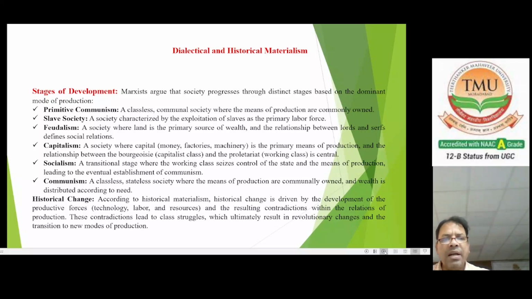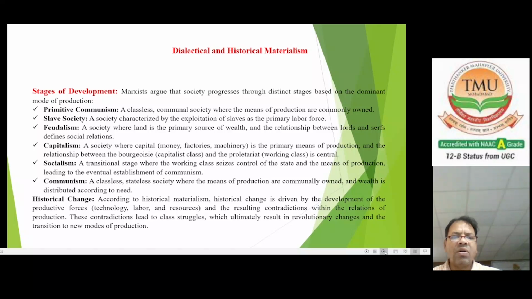Feudalism: a society where land is the primary source of wealth and the relationship between lord and serf defines social relations. Capitalism: a society where capital, money, factories, and machinery are the primary means of production and the relationship between the bourgeoisie and the proletariat is central.